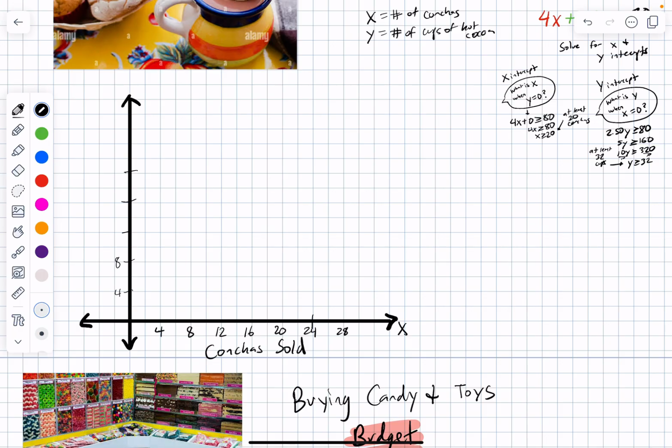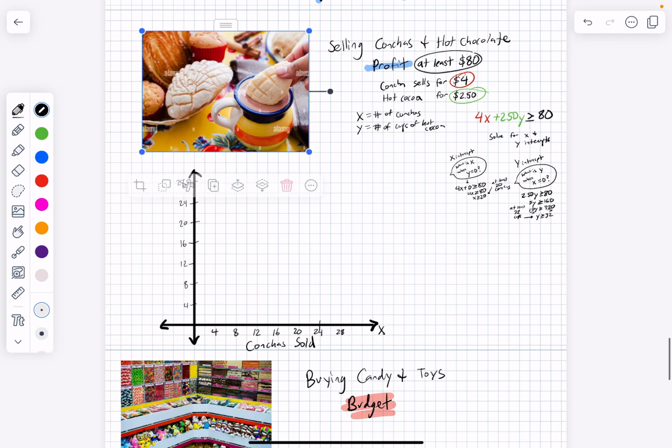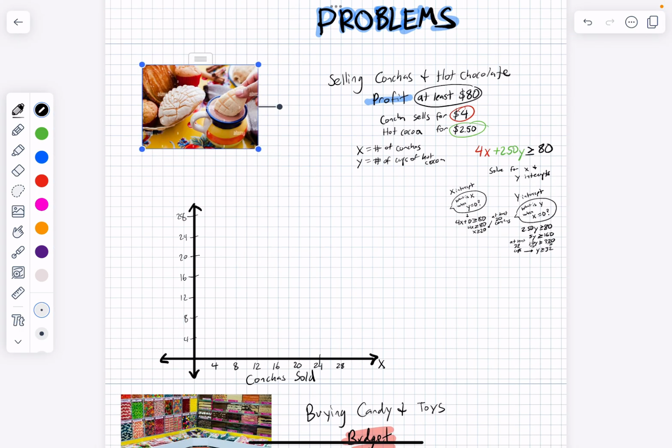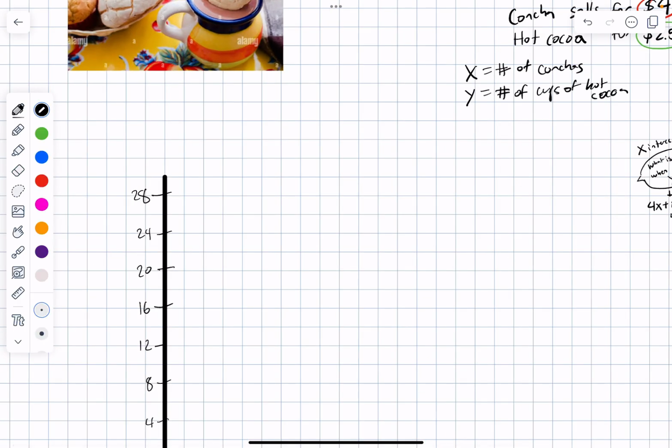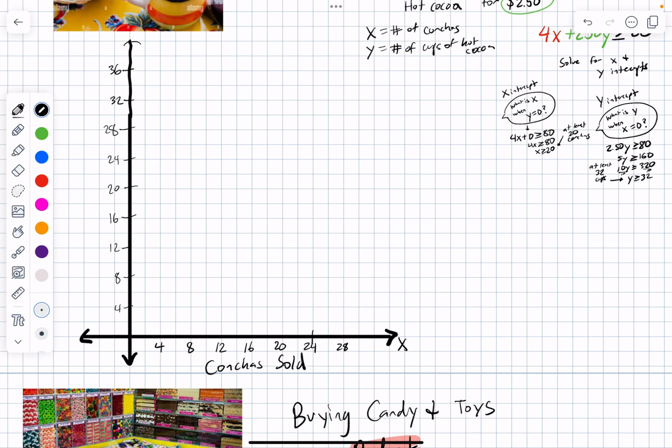I'll just make it taller. 8, 12, 16, 20, 24, 28, 32, 36. Okay, great.